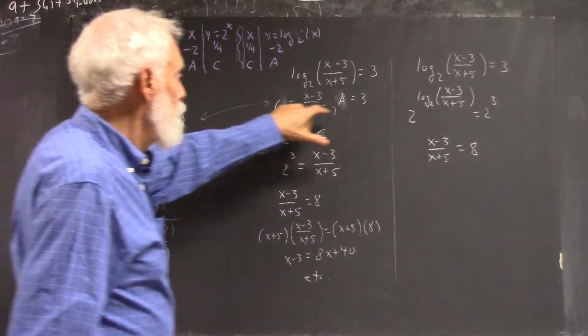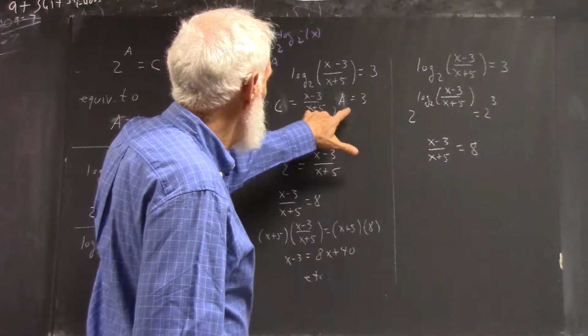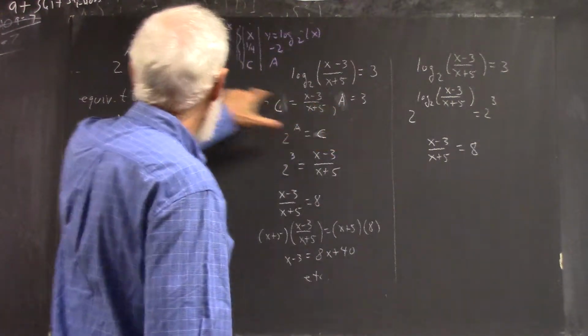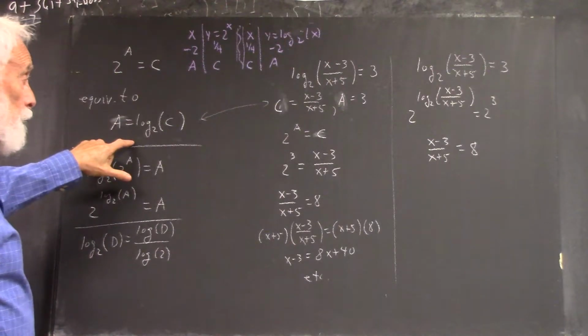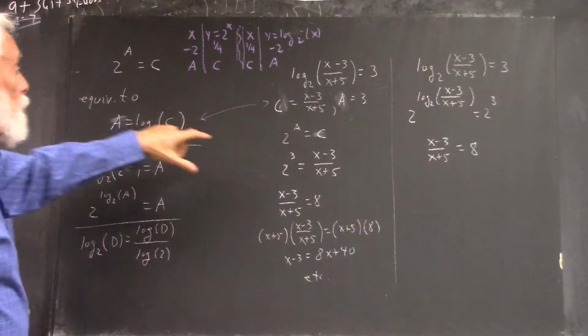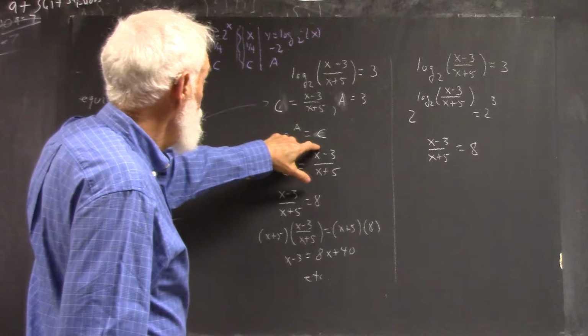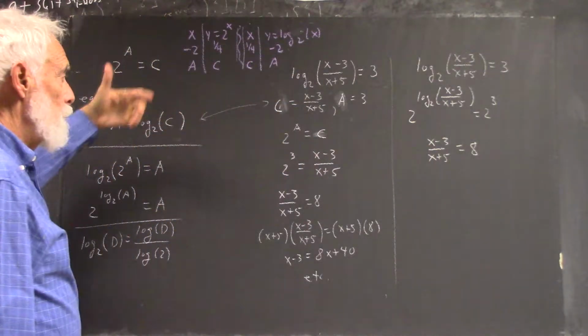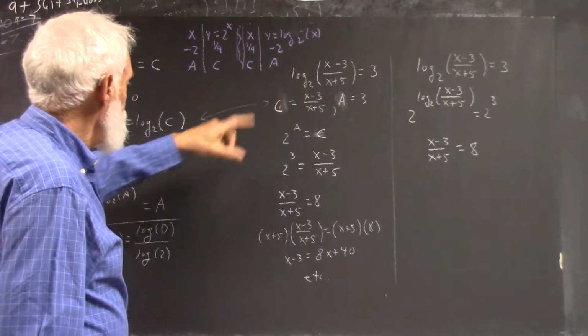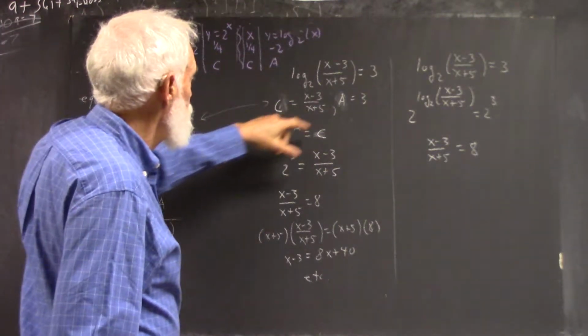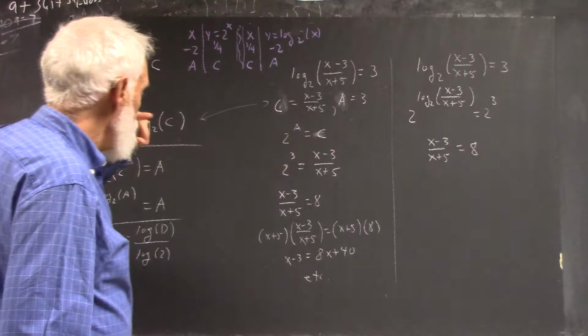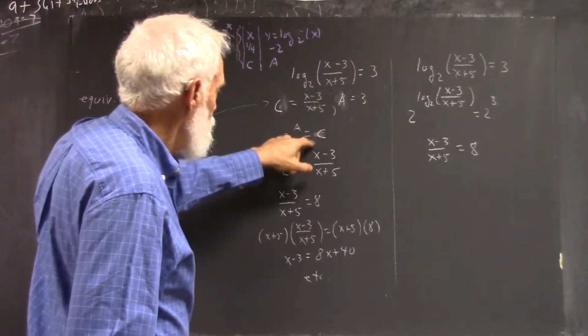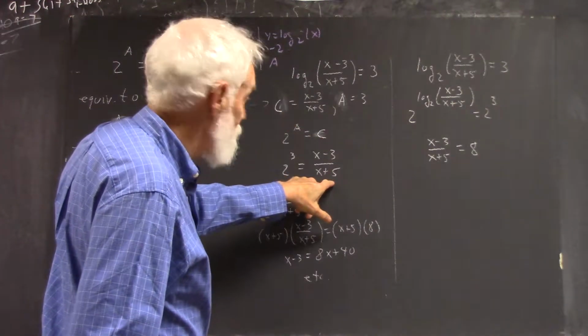So we have these identifications, so we can use these expressions in this form, which is totally equivalent to this form. So the form 2 to the a equals c, which is equivalent to log base 2 of c equals a, gives us 2 to the a, which is 2 to the third, equals c, which is your x minus 3 over x plus 5.